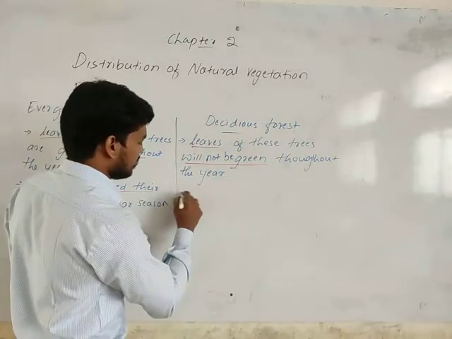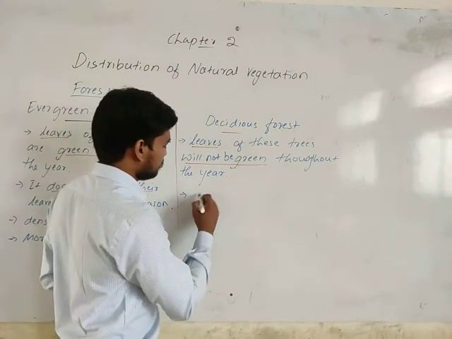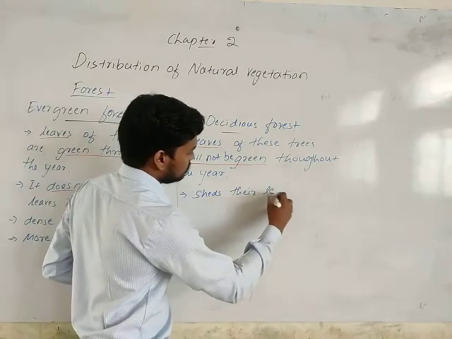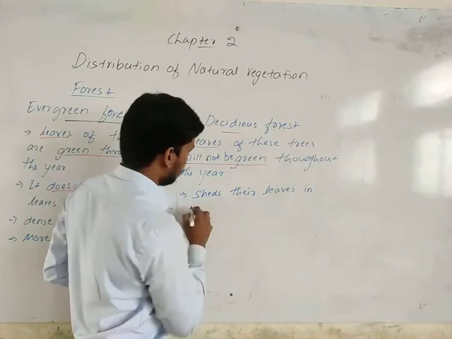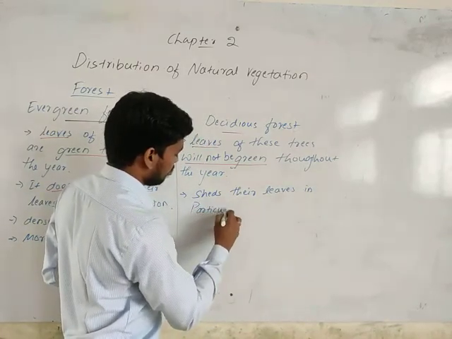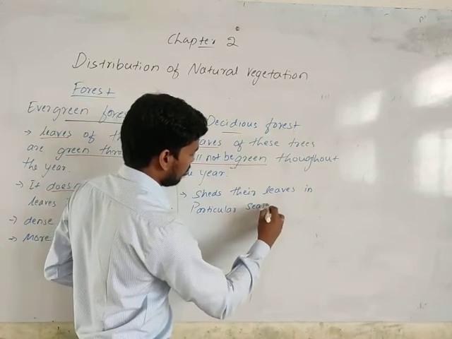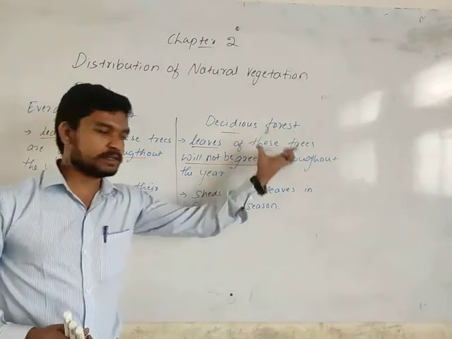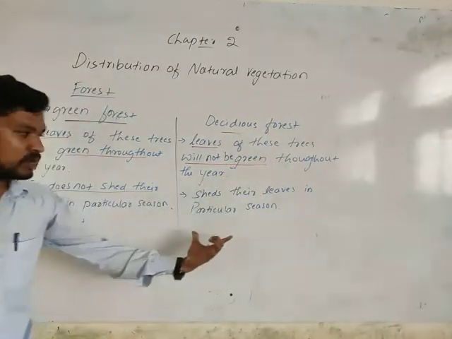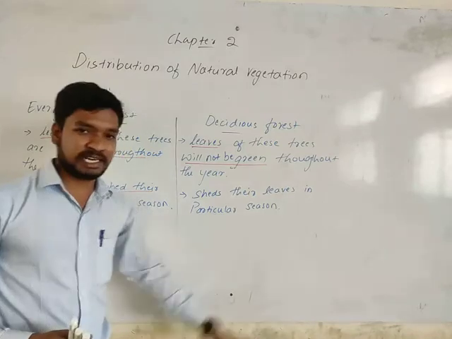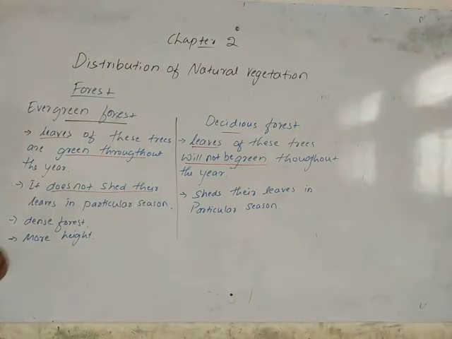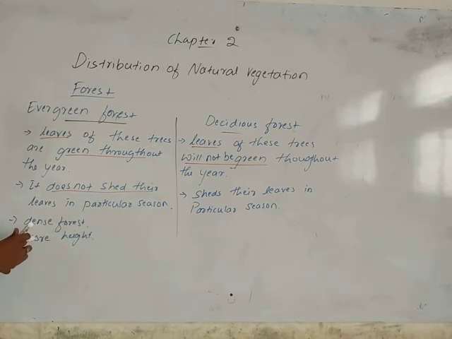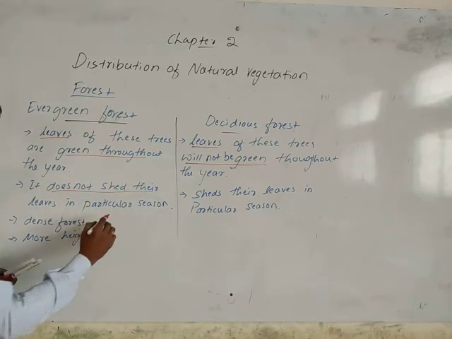This forest sheds its leaves in a particular season, so the leaves of the trees in this deciduous forest will not be green throughout the year, because in one season it sheds its leaves. But in the evergreen forest, the leaves will be green throughout the year, because it doesn't shed its leaves in any season.